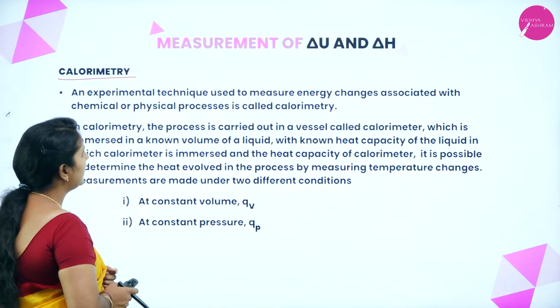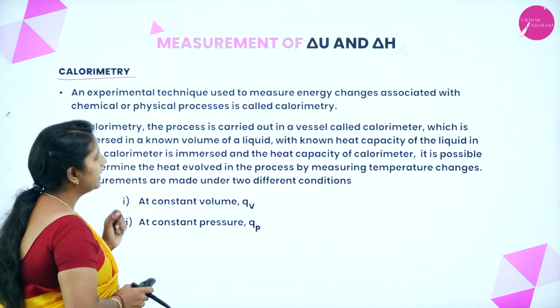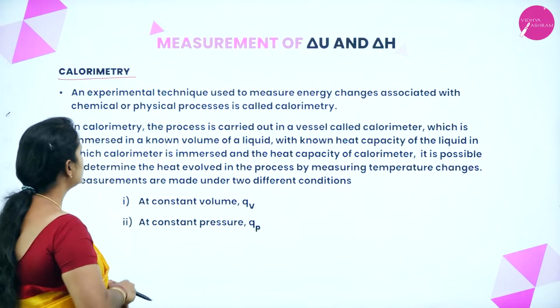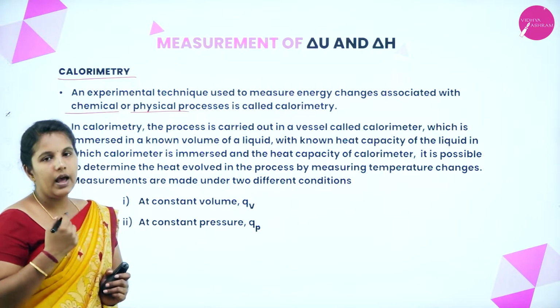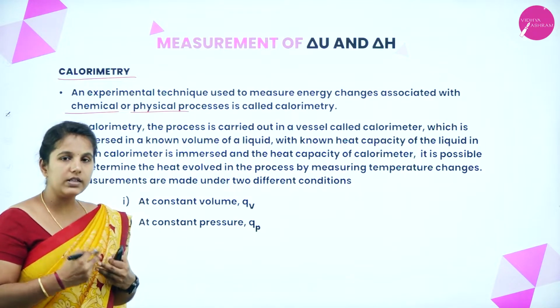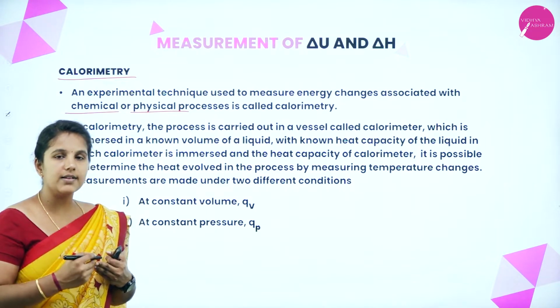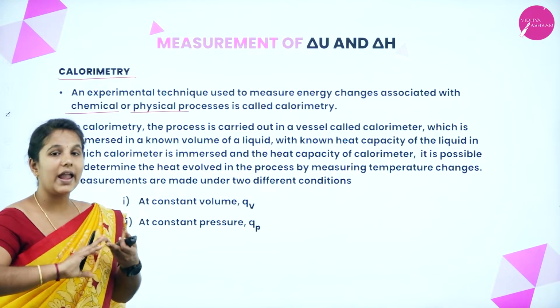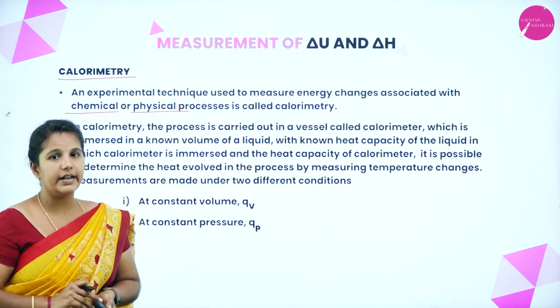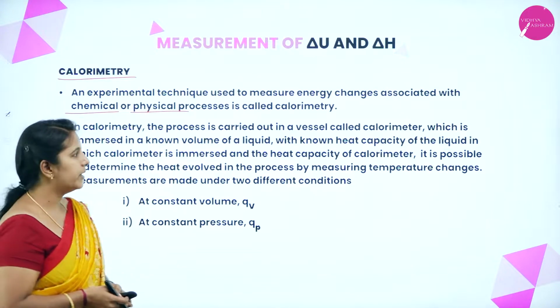An experimental technique that is used to measure the energy change associated with a chemical and a physical process is said to be calorimetry. By using this calorimetry, we can clearly understand, during the physical and chemical process, what is the energy which has been associated. That gives clear information.